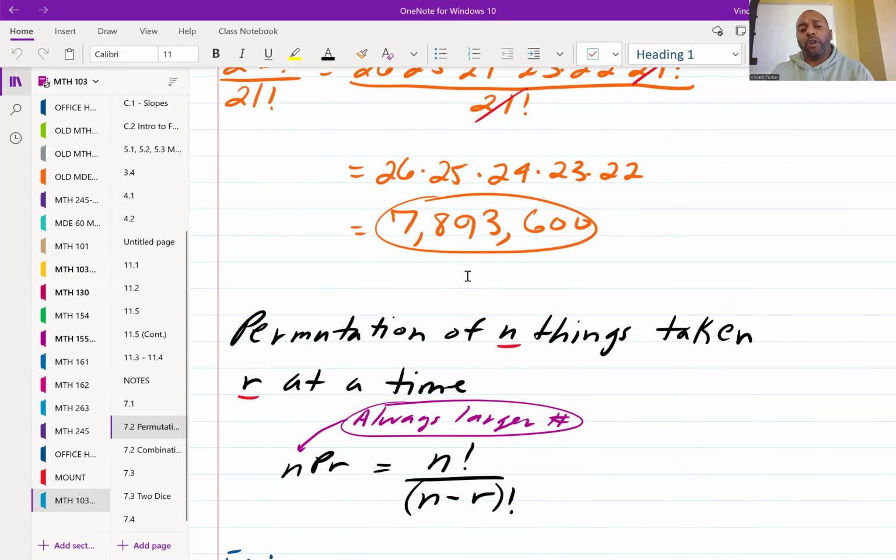N is always going to be a larger number. What we mean by this is, let's say I have a class of 30 and I wanted to know how many different ways I could choose 5 people to go on, let's say, a field trip out of this class of 30. So it's a permutation of 30 people taking 5 at a time. Your larger number is always going to be n. So we have nPr, that's n factorial over n minus r factorial.